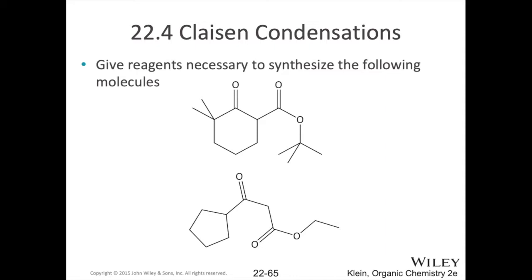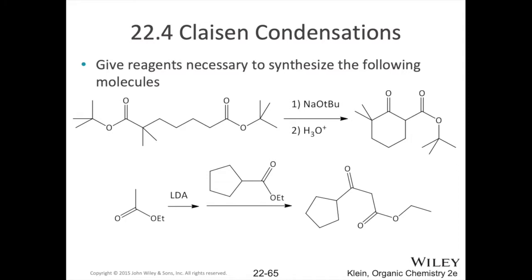Okay, so if you've paused this video and come back, here are the products. Okay, so you can see in this one, notice that we have a Dieckmann cyclization product, right? We've formed a ring here where our ketone is part of that ring. So that tells you that this carbon here was the nucleophile in our enolates.